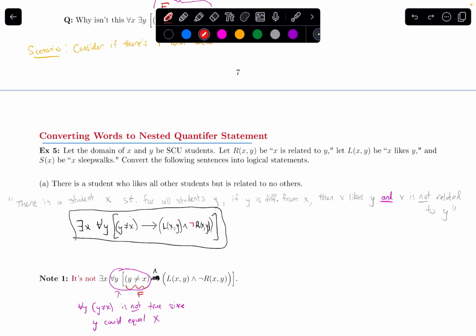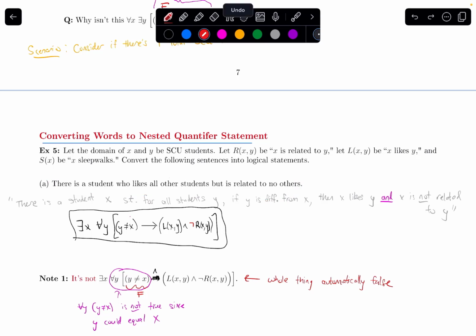Because there's one value of y that makes this part false, the for all y statement is false, and that makes the whole statement automatically false. But this original sentence is not necessarily automatically false. Depending on who students like and who they're related to, there very well could be a situation where it could be true.